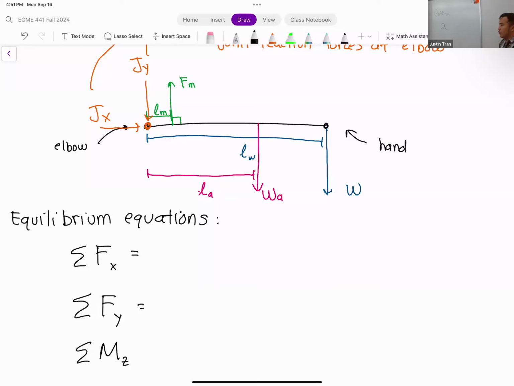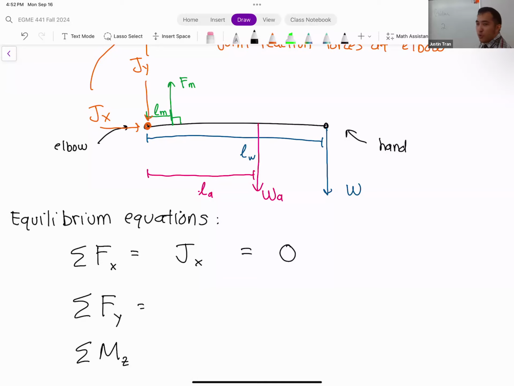So if we sum all the forces in the x direction, we only have one force in the x direction here, which is Jx. All the other forces are vertical, so we don't have to account for them in this equation. And in order for this to be at equilibrium, the sum of all the forces in the x direction has to equal 0.